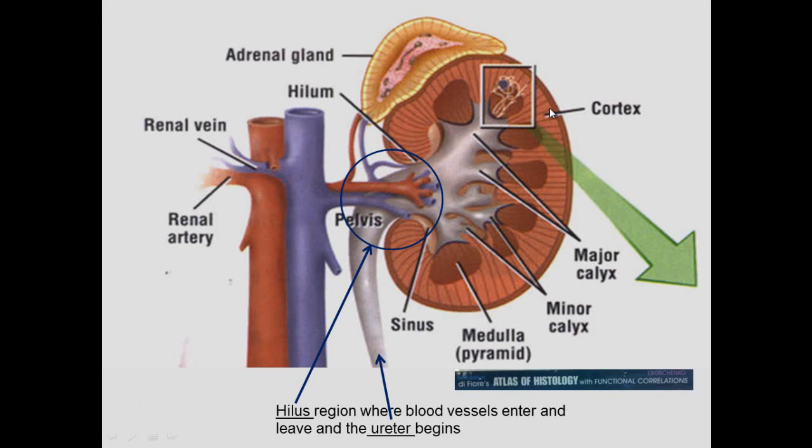And so we can see the cortex and the medulla, and here's a nephron sitting here with the glomerulus up in the cortex area, and then the fluid goes through minor calyx, major calyx, to the pelvis, and to the ureter.